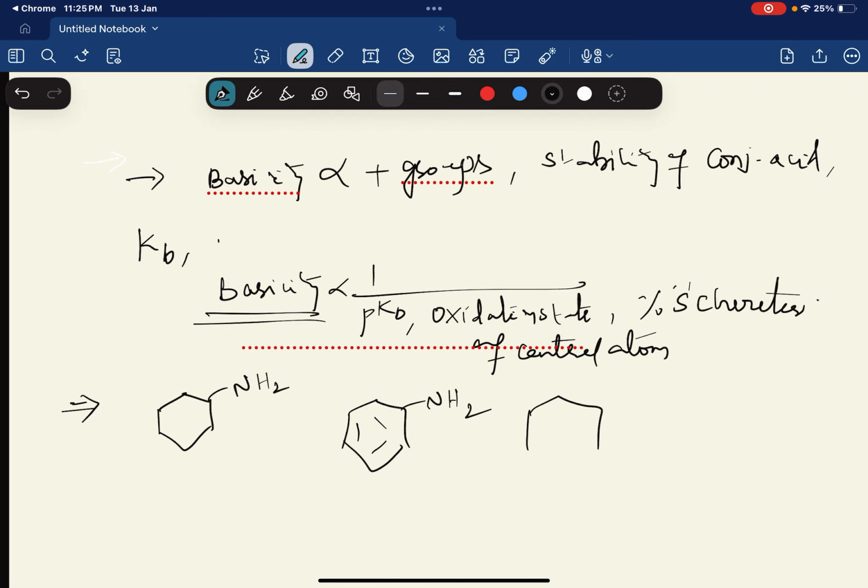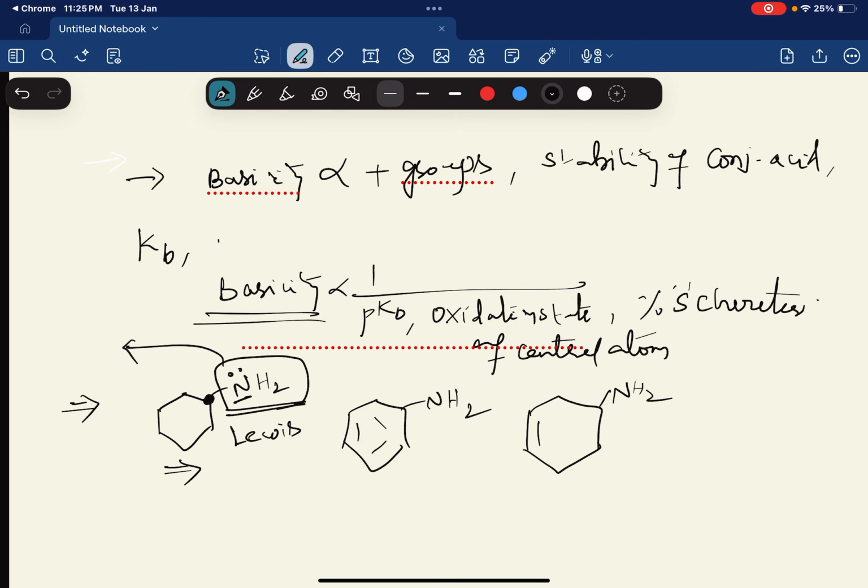Here in case of cyclohexylamine, the nitrogen lone pair, nitrogen of amines basically are bases. They are ready to give electrons to outside species, so these are called electron donors. So depending on the group connected to nitrogen, the basicity of amines can be decided.